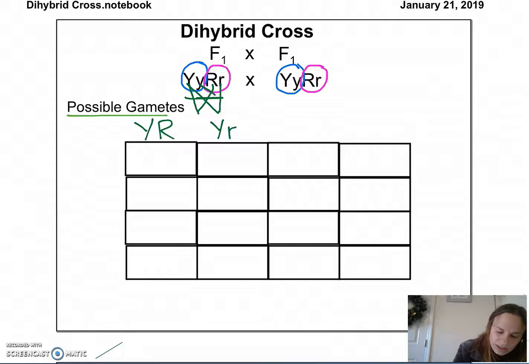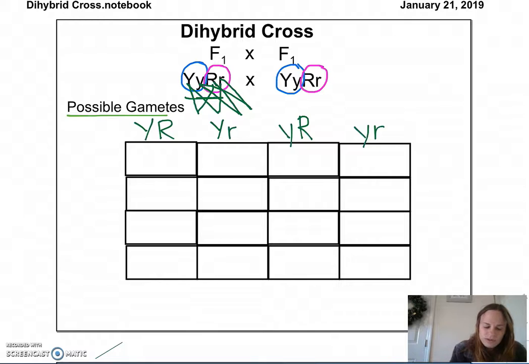Or I could potentially get a lowercase y and a capital R, or a lowercase y and a lowercase r. Now, do you notice how I always keep the Y's first and the R's second? When you're doing dihybrid crosses, it's important to keep the same letter next to the other letter.